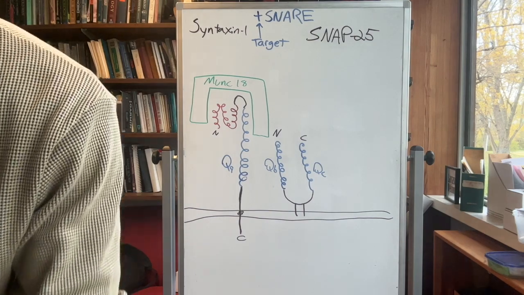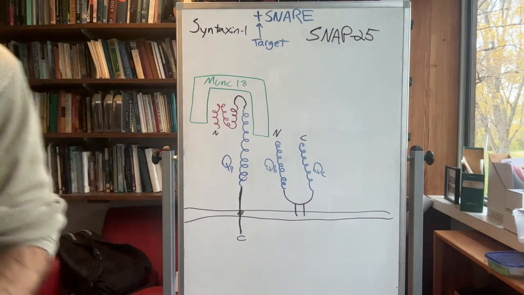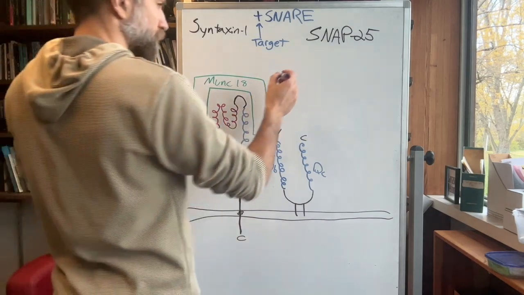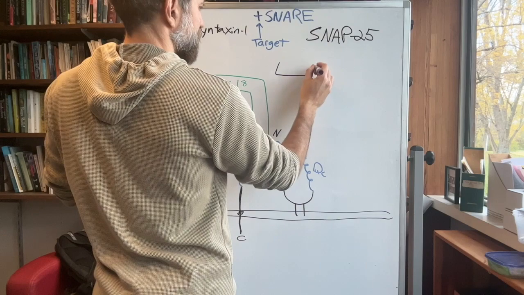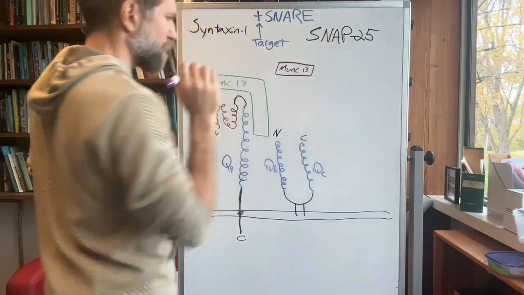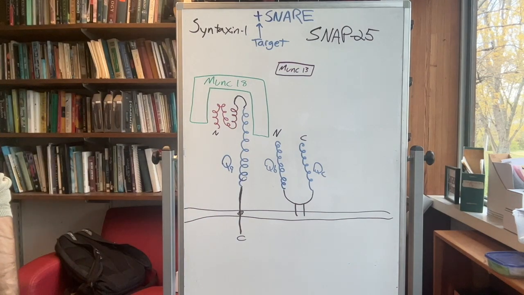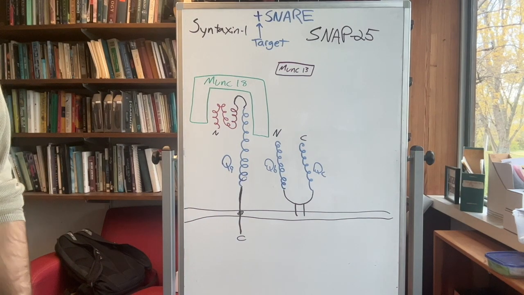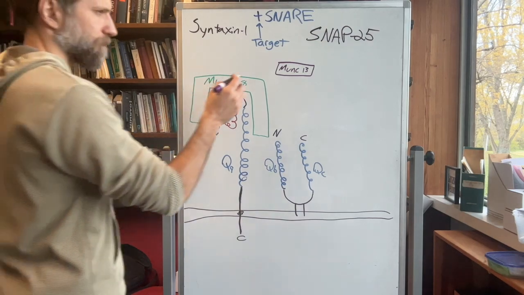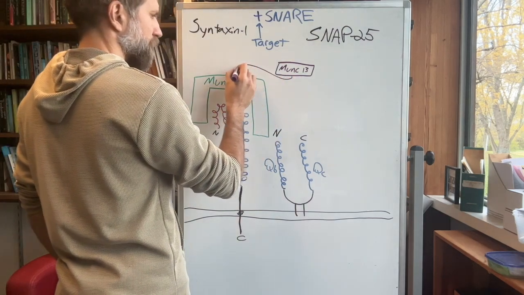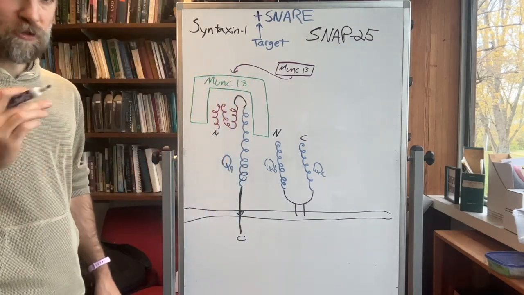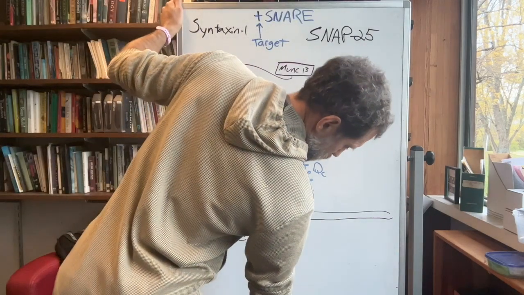Now there's one more protein that we're interested in at this point, and it is MUNC13. So can you take a guess at what protein it's going to interact with? It is going to come along here and interact with MUNC18. And so what does it do when it does that?